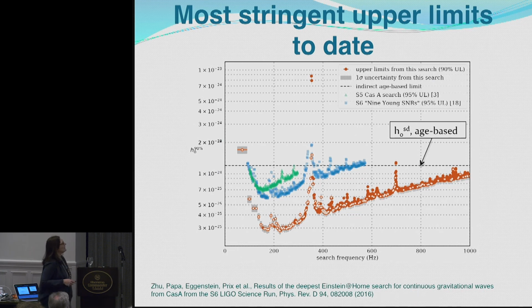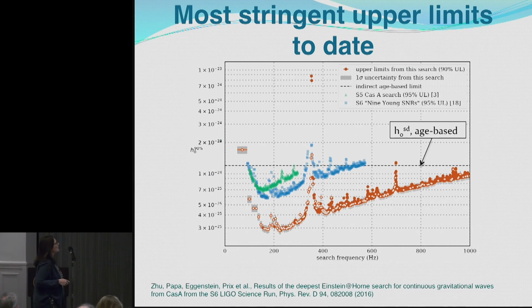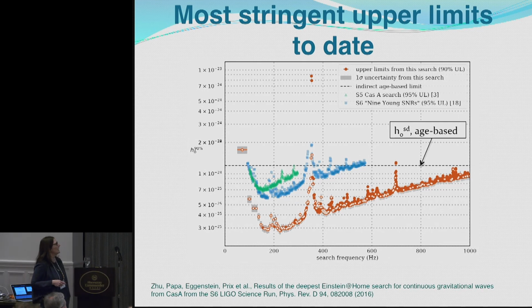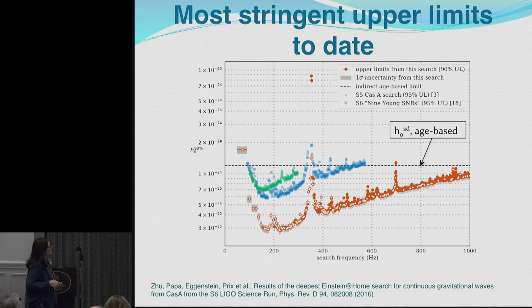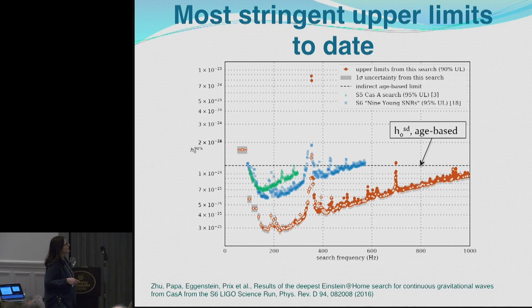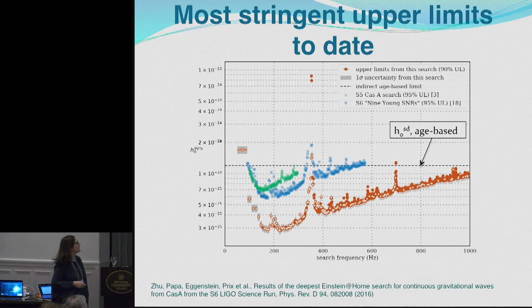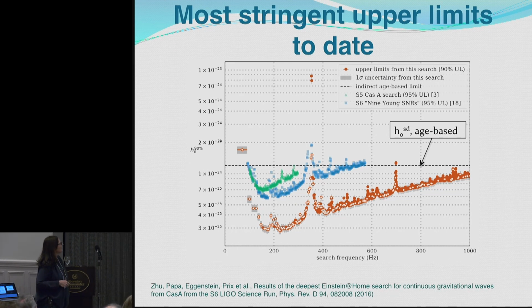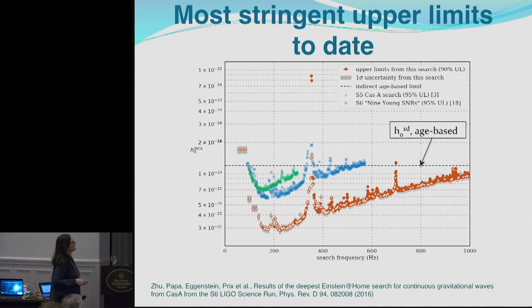Okay, so the most recent existing upper limit on the ellipticity of a subchart object is given here. This was a deep search carried out on open data, in fact. And it put upper limits in a band that was between about 100 and 1,000 hertz.